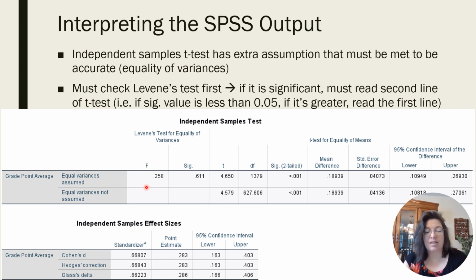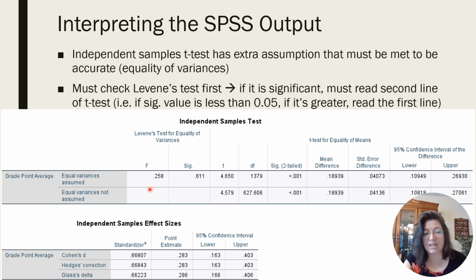So Levene's test uses what's known as the F statistic, and we'll see that in a second when we cover ANOVAs. But we can see here with this SIG column, so the significance value or p-value, that it's at 0.611. So that means there's a 61% chance that any significant difference between the two groups in their variance is just due to chance, right? So we can conclude pretty safely that they do have equal variances, and our assumption has been met.